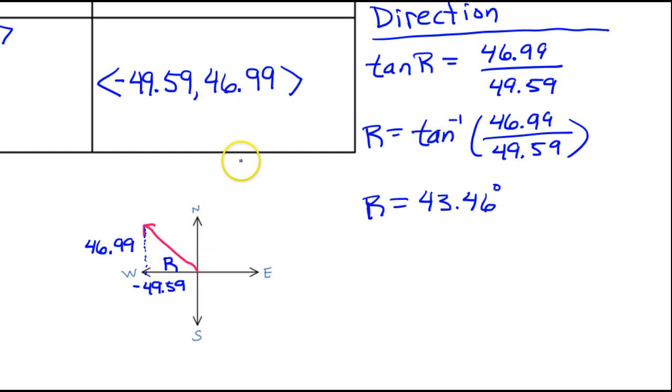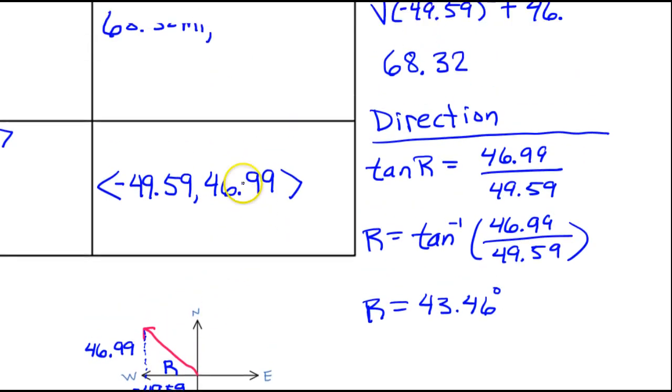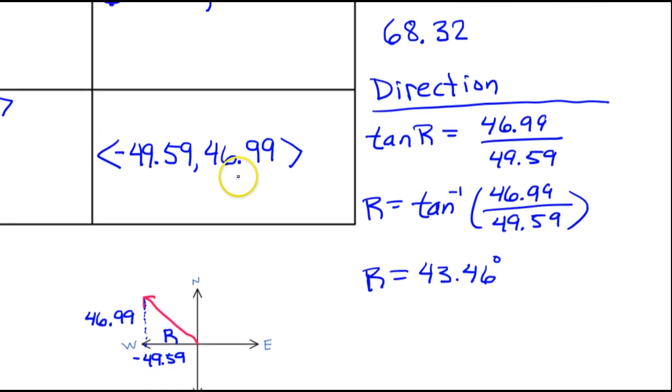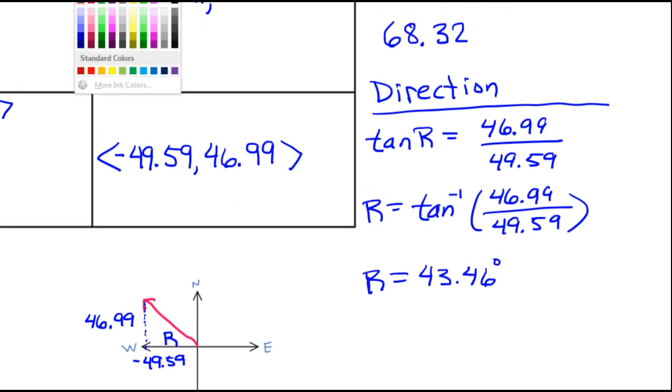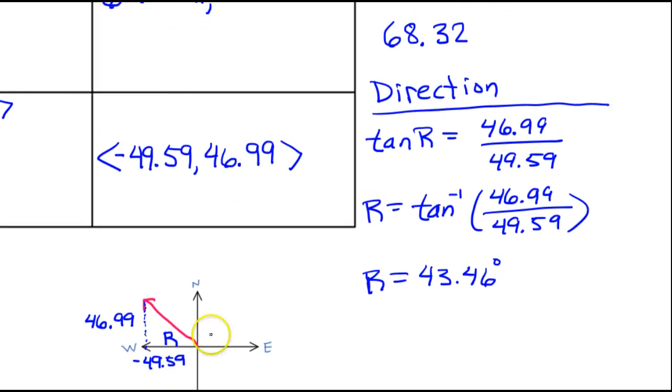Now, when we record directions on this chart, we always speak about angles that are measured counterclockwise from the positive x-axis. So the angle that we need for the chart is the one that goes like this. All right, this is theta. And theta should be 180 degrees minus this reference angle, so minus 43.46.